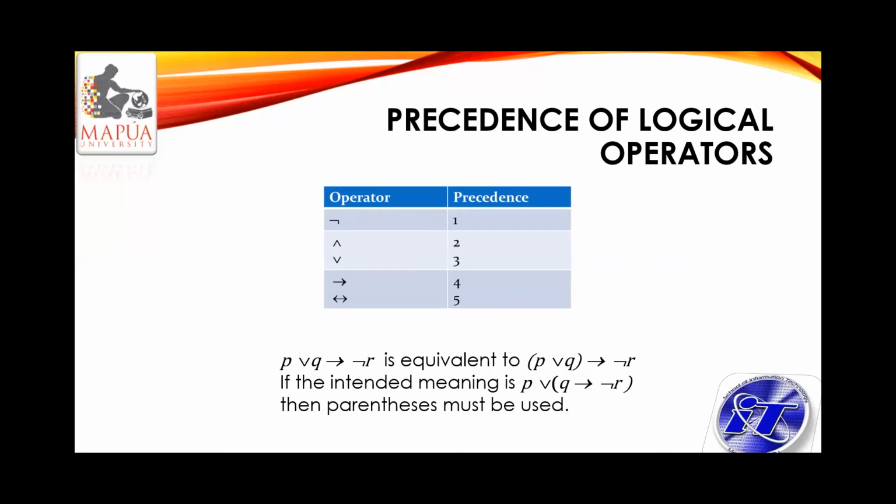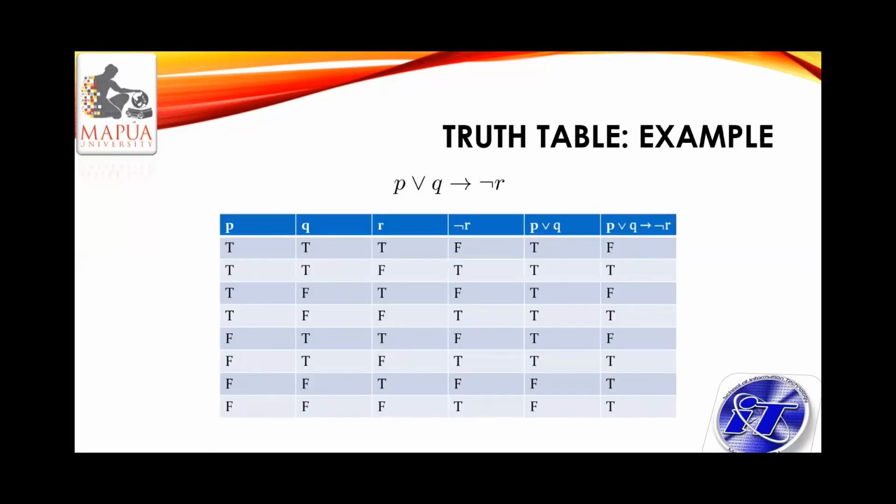Now let's have the truth table for P or Q implies not R. Since we have 3 variables, P, Q, R, therefore we have 8 rows. So let's count: 1, 2, 3, 4, 5, 6, 7, 8. 2 raised to 3 is 8, so we have 8 rows. The first 3 columns are the possible values for P, Q, R. And then the evaluation of R with negation.